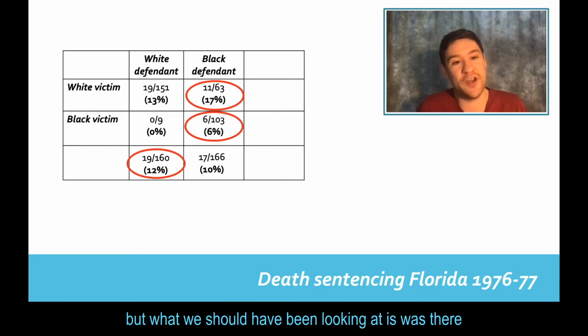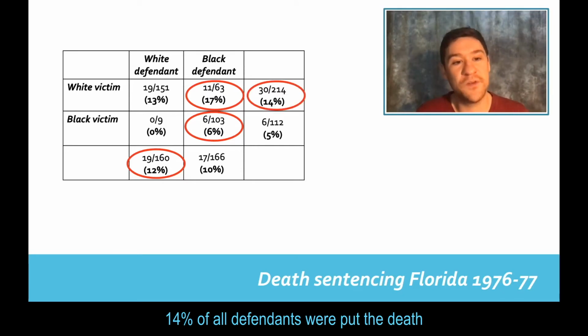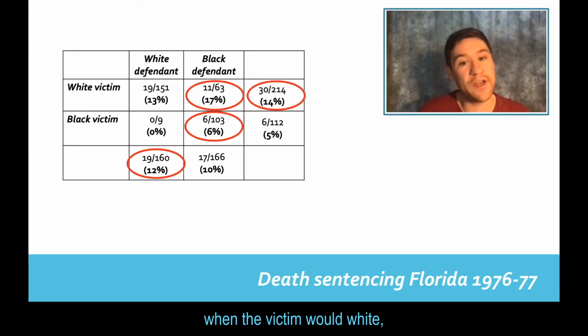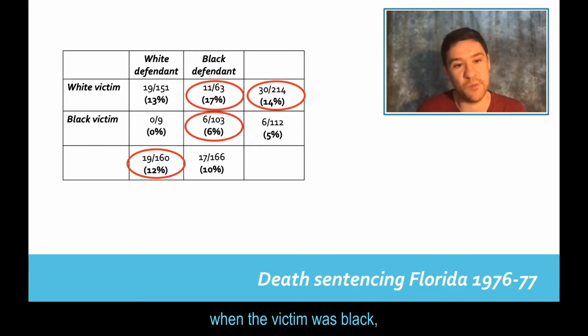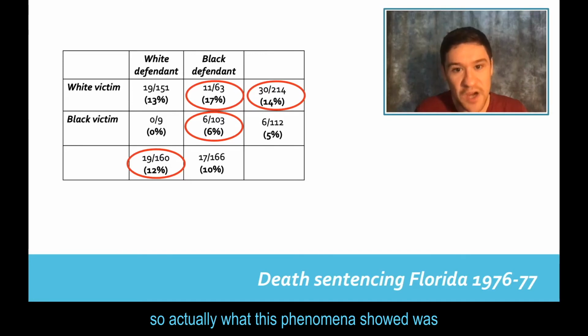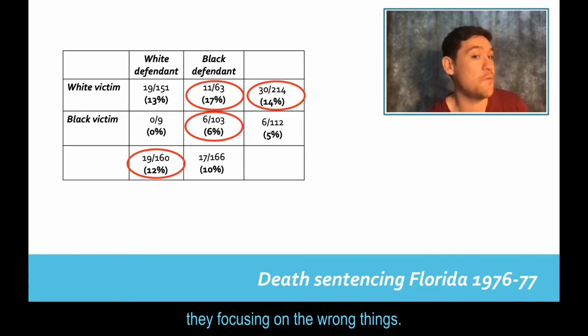What we should have been looking at was whether there was racial discrimination with the victims. 14% of all defendants were put to death when the victim was white, and 5% of all defendants were put to death when the victim was black. So even though they were splitting on the right things, they were focusing on the wrong things.